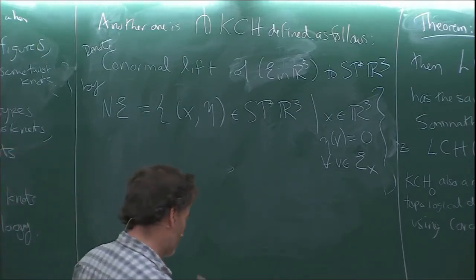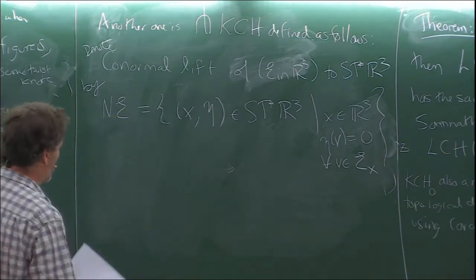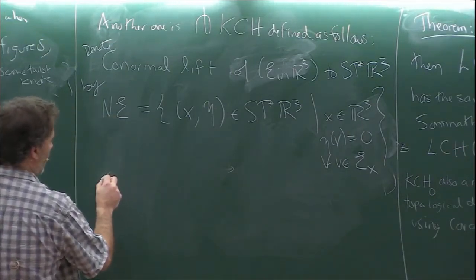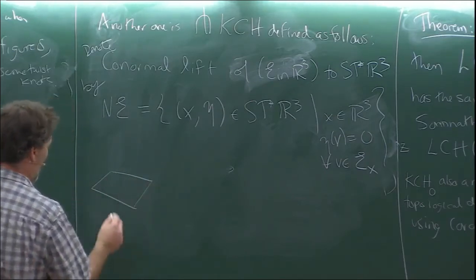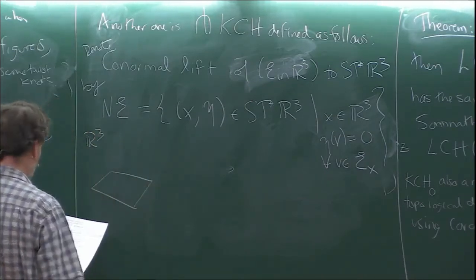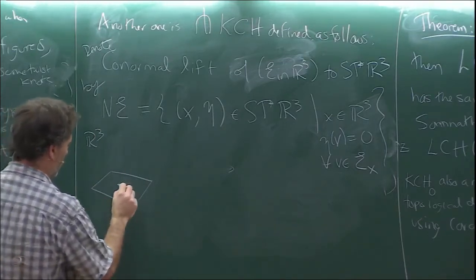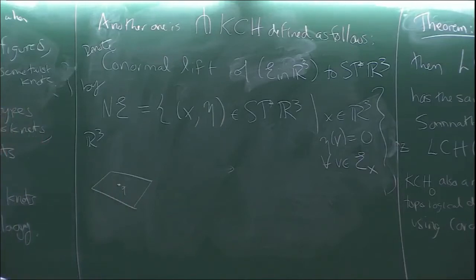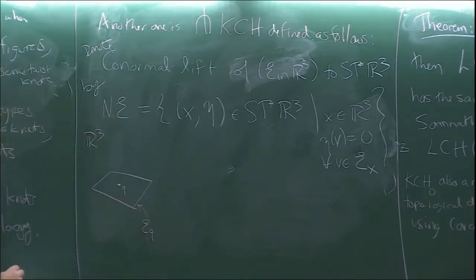So maybe it's worth drawing a picture to keep track of these conormal lifts. Here's R3. I'm at a point Q, and here is the contact distribution for R3 at that point.